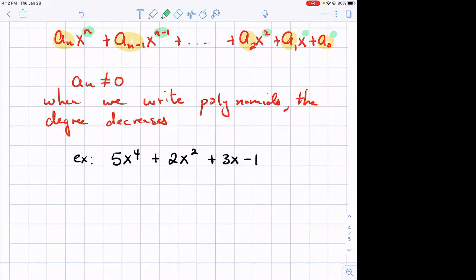Notice here the power went from a 4, there is no cube, then you went to a 2, then a 1, then no power. Okay? So when you write a polynomial, the proper way of writing it is to make sure the power is in descending order. That's the proper way. Okay?